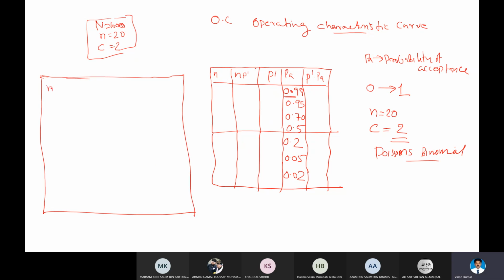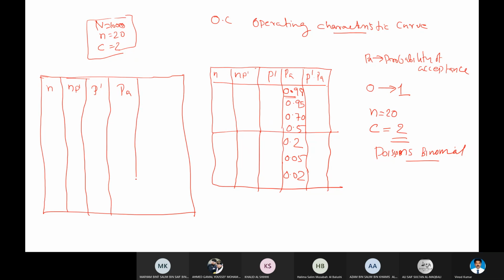So n is the number of samples, n p dash, then we have p dash. Then acceptance. Then p dash pa. That I will explain to you what is p dash pa.